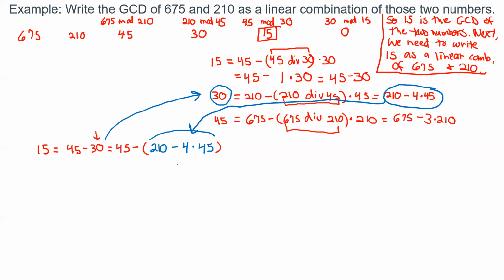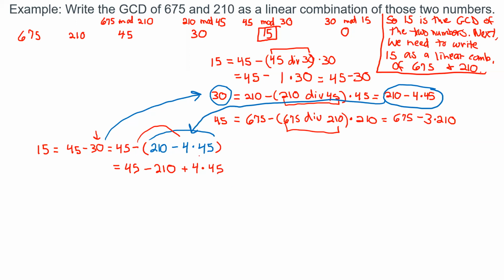Okay, now again, these are special numbers except for any number in front. And again, let's take our time and distribute through so we don't make any errors, okay? So I'm going to say we've got 45. Now let's distribute the negative in. So we're going to have minus 210, and then a negative in with a negative 4. That gives us a positive 4, right? So negative times a negative is a positive 4 times 45.